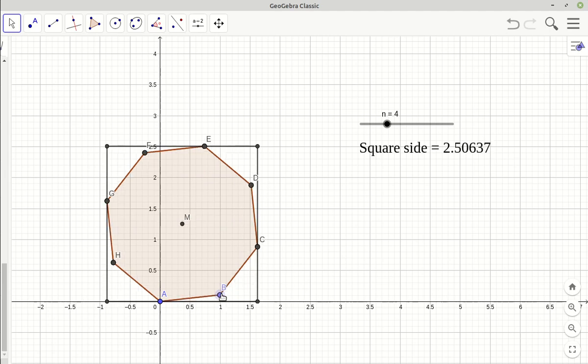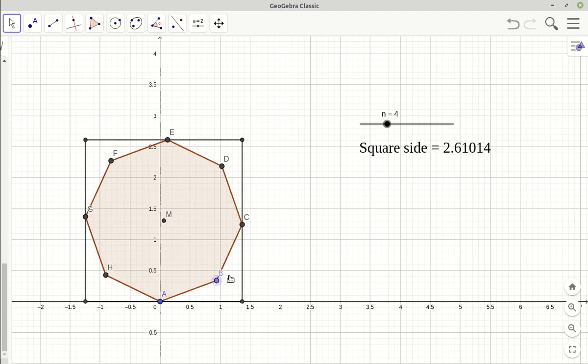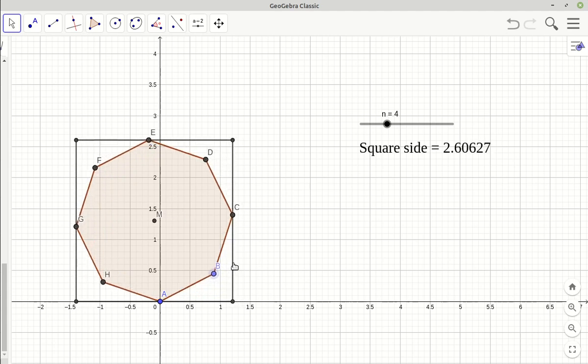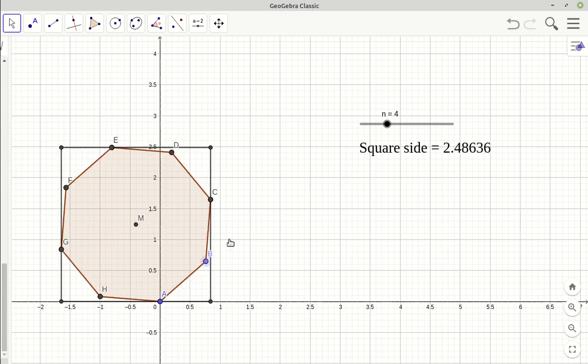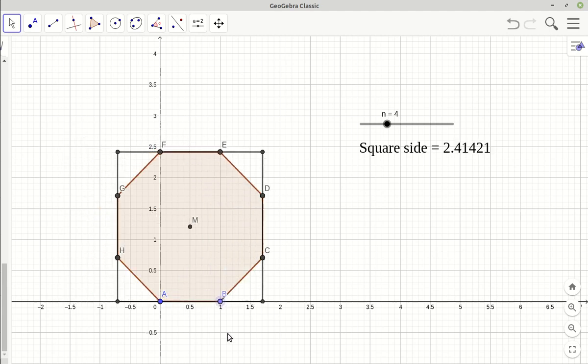If we rotate it, it first increases up to 2.59, up to 2.661, and then it starts decreasing again until we reach the same position as we started from. It's not a rigorous mathematical proof that this indeed gives you the minimum. I'm simply presenting you some visual aid to help you understanding what's happening in this problem.